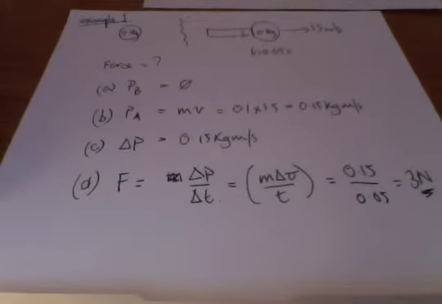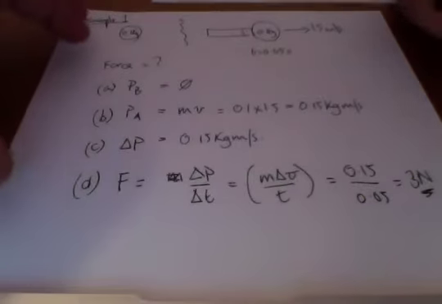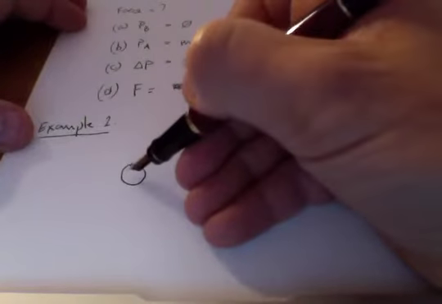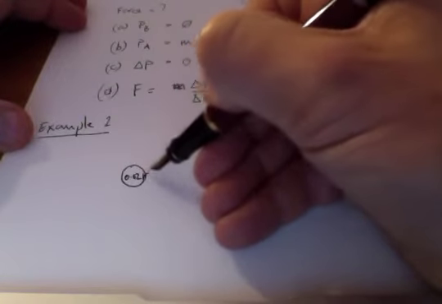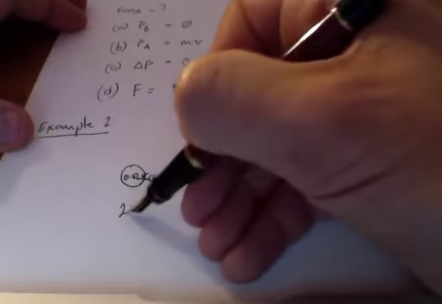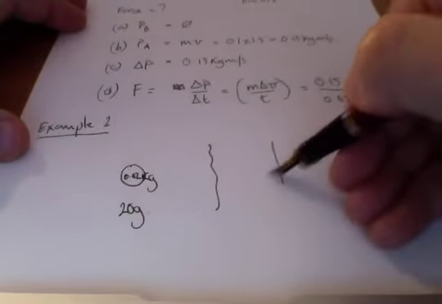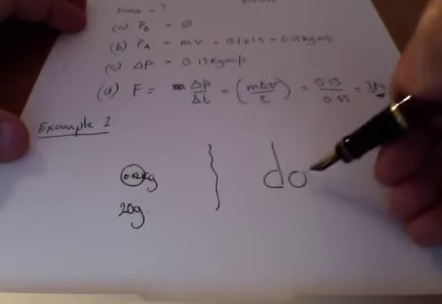Okay, right, let's think to another example then. Let's now think to a golf ball being struck, and I'll give you a chance to try this one again. Okay then, so we have a golf ball initially of mass 0.02 of a kilogram, 20 grams, and it is struck by the golf club.